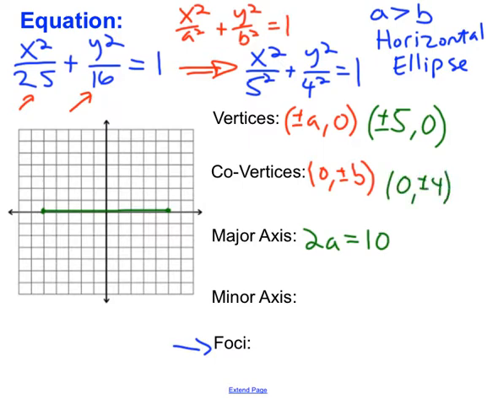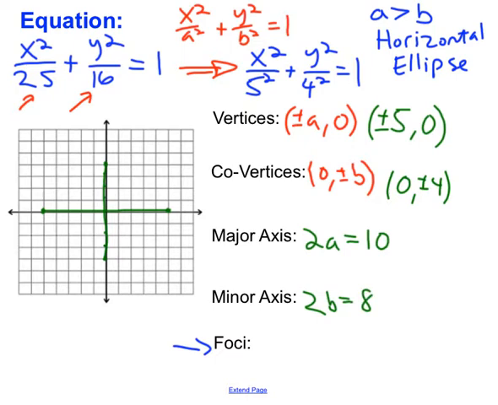So let's plot those. Let's count up from the origin, 1, 2, 3, 4, and then down 1, 2, 3, 4. There we have our minor axis. And you don't need to draw the axis every time, I'm just showing you where it is on here. So the minor axis is going to be 2b, and that will be 8 in our case.